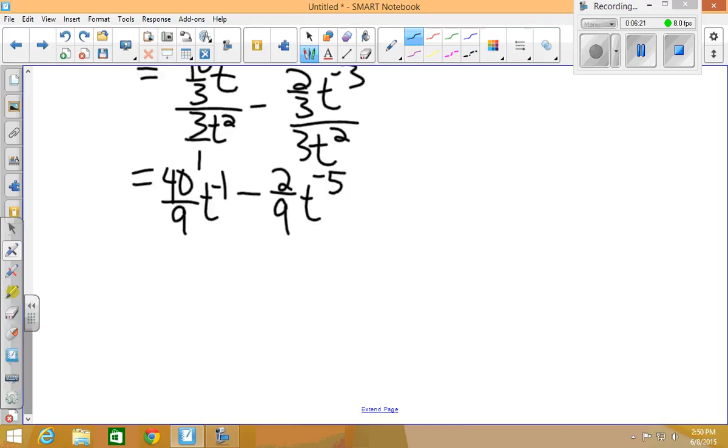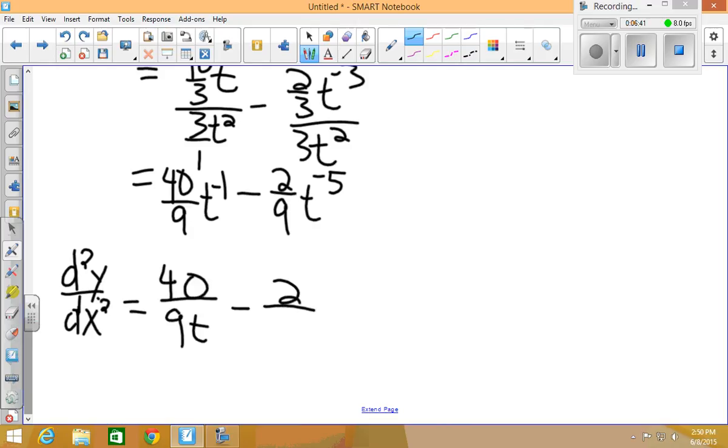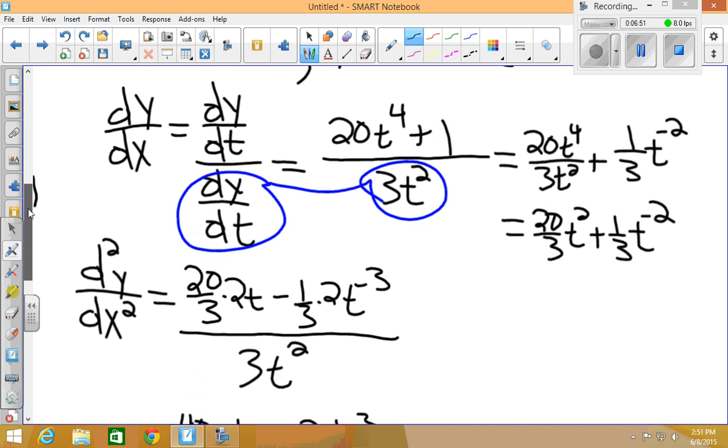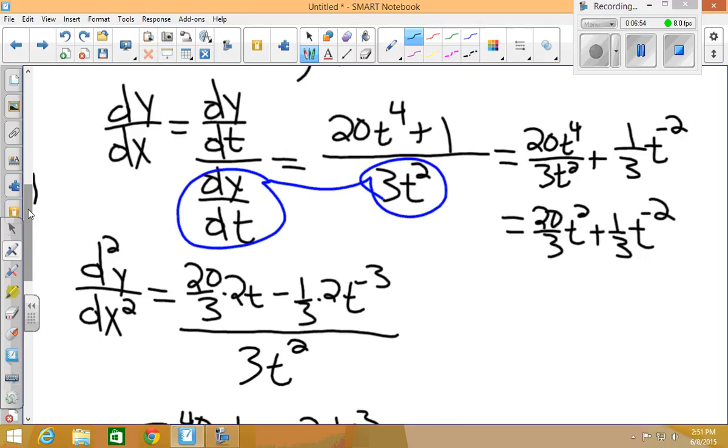So finally, our second derivative with respect to x is 40 over 9t minus 2 over 9t to the 5th. So again, remember the idea for finding the second derivative is that you take the derivative of the derivative and then divide by dx dt.